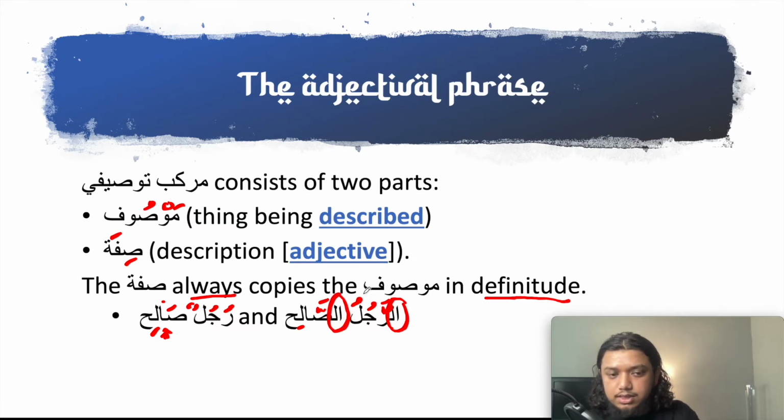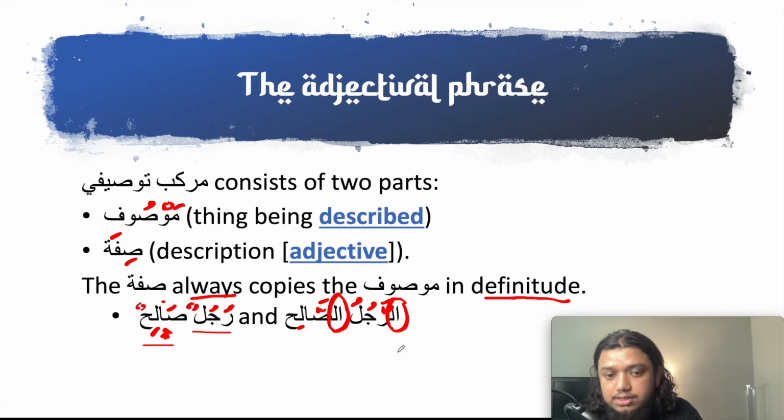So if the thing being described is definite, then the description, the sifah, has to be definite as well. In the second example, these are both indefinite. Rajulun is indefinite. It has no alif lam, therefore it has tanween. And because of that, so does the adjective.